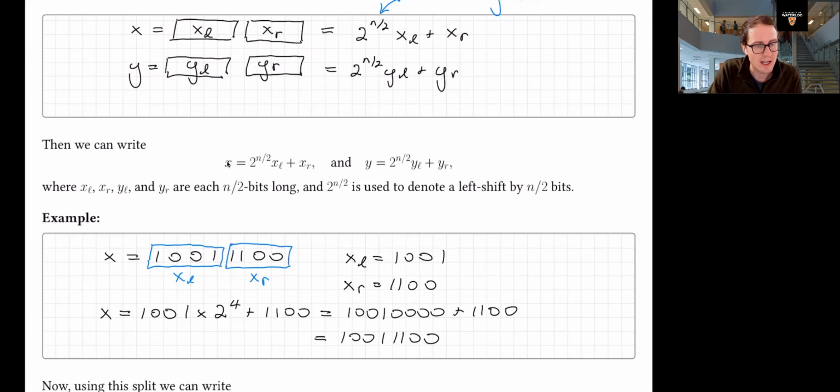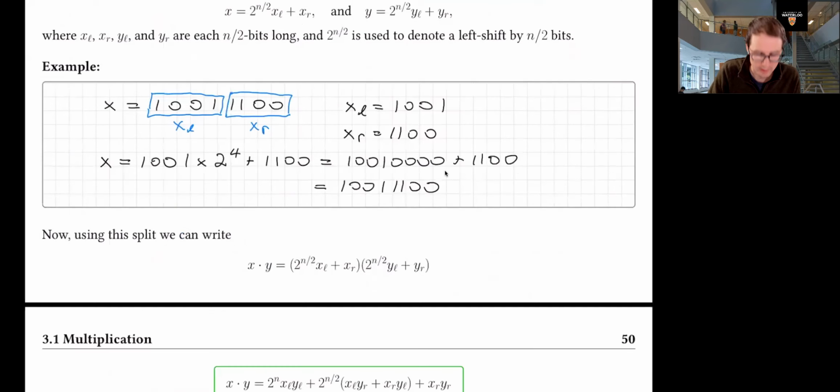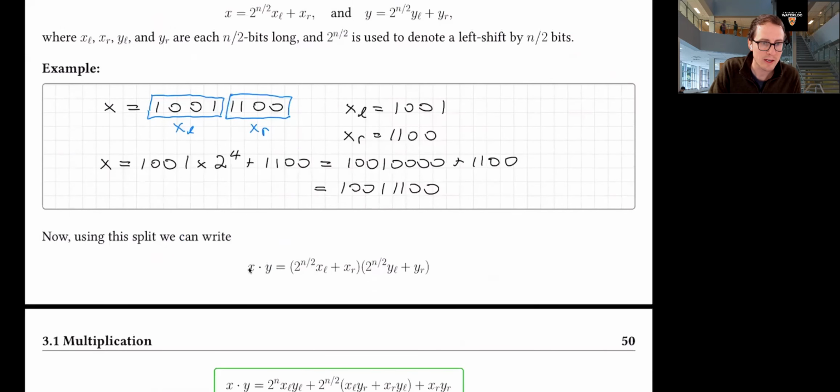Well, the reason is that now to multiply x and y, I could instead multiply the right-hand side of x here, this x left, x right thing, by the y left, y right thing. And so that's this here, right? X times y, just plugging in their definitions, can be written as 2 to the power of n/2 times x left plus x right, multiplying the same thing for y.